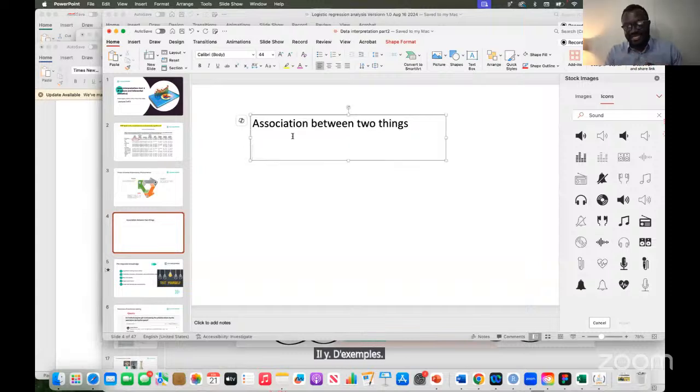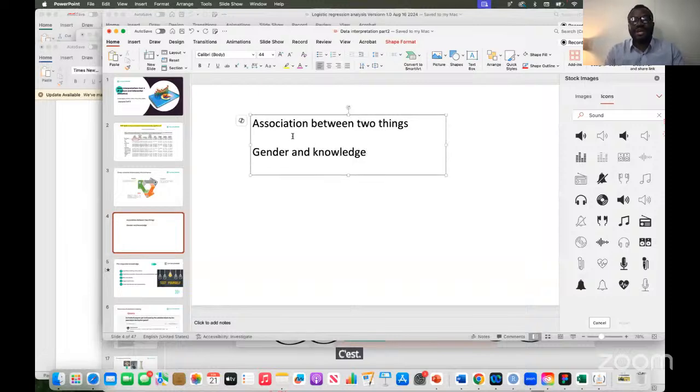So let's interrogate that statement. What 2 things are you looking at the association between? Okay, I can say it's association between maybe gender and knowledge. So gender and knowledge. And you are saying, is there an association between gender and knowledge? Yes. Now, for gender, what are you comparing with? Who are you comparing with?